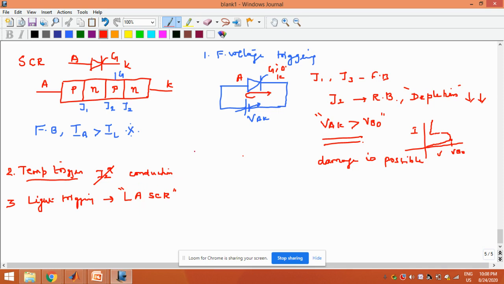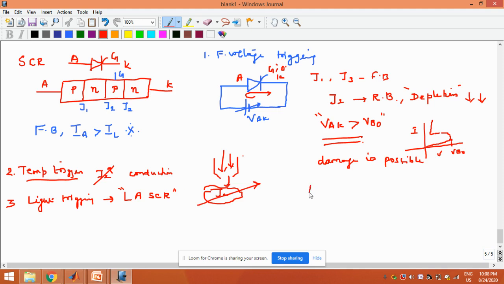So all we need to do is make sure that in the junction J2, which is reverse biased, there is formed a niche through which we pass light. As this light consists of photons, the energy in the photons is acquired by the charge carriers in the J2 junction. Because of that, the conductivity improves and the depletion width gets ruptured. So that is what is called light activated SCR.